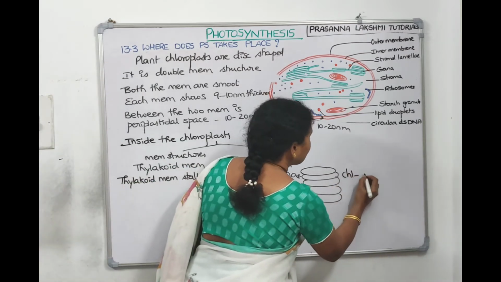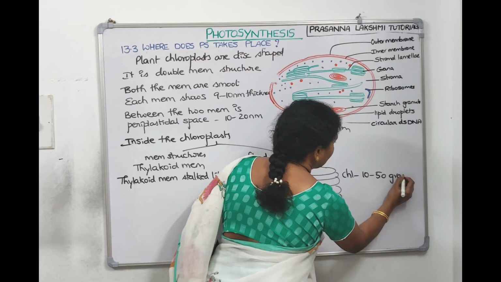Each chloroplast contains 10 to 50 granas.